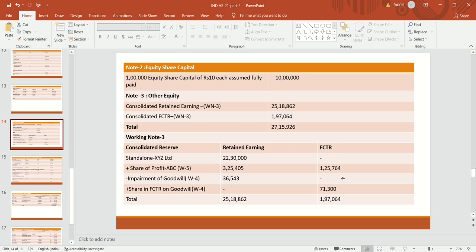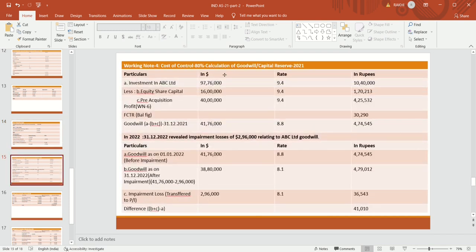Then we will calculate the impairment of goodwill and share of FCTR on goodwill. How will we calculate? We will calculate the cost of control, that is 80%, that is the calculation of goodwill or capital reserve as on the date of acquisition. Investment in ABC Limited, we will make an investment in Indian rupees, that is 10,40,000, which we will translate at the date of acquisition 9.4, which gives rise in dollars to 97,76,000.